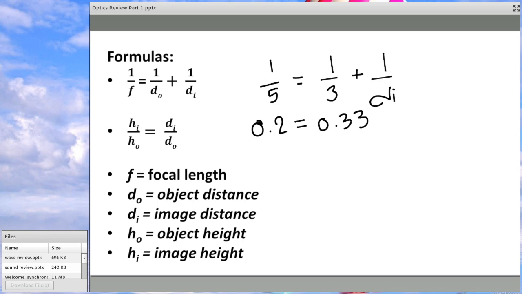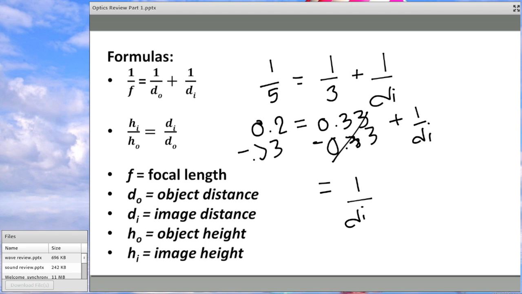I'm just going to go straight to this. And then whatever that number is, 1 over di, and go from there. Multiply both sides by di or whatever. So the first thing I'm going to do is put these numbers in and turn them to a decimal, and you'll see when we start doing the math. That's how I do it.